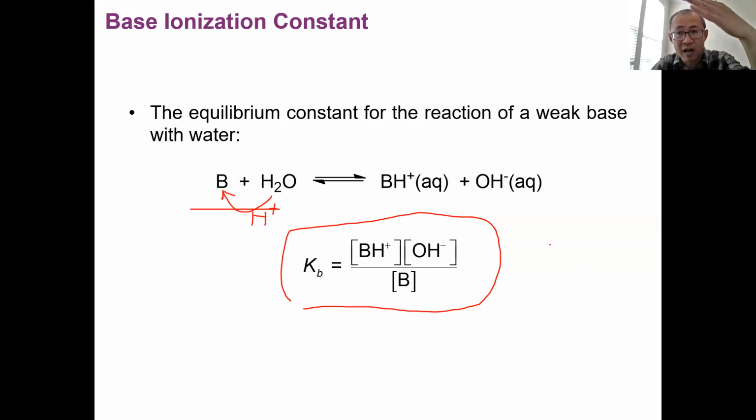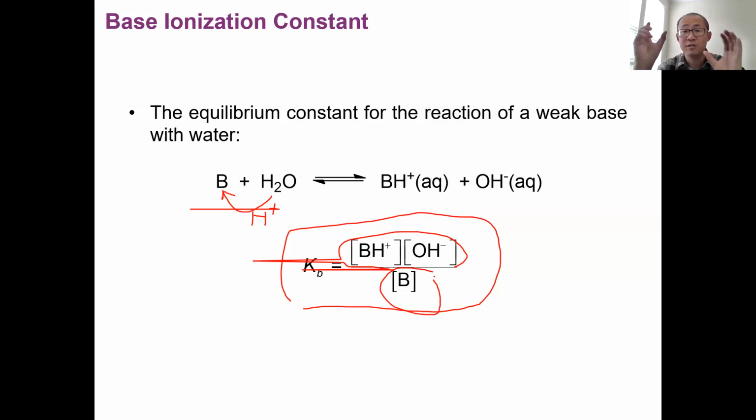Of course, it is the same: product concentration over reactant concentration, not including water. The brackets stand for concentration. That's the expression for Kb. The same idea: higher Kb, the reaction has more product, meaning the ionization is moving more forward and the base is stronger. Lower Kb, the base is weaker. Kb can also be used to measure the strength of bases.